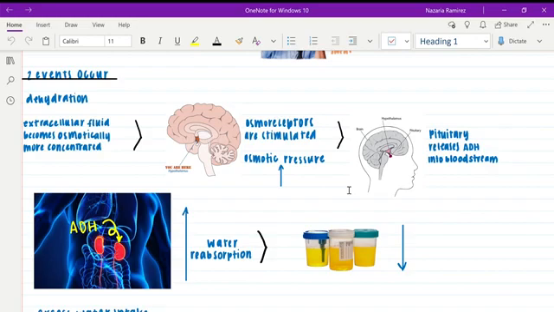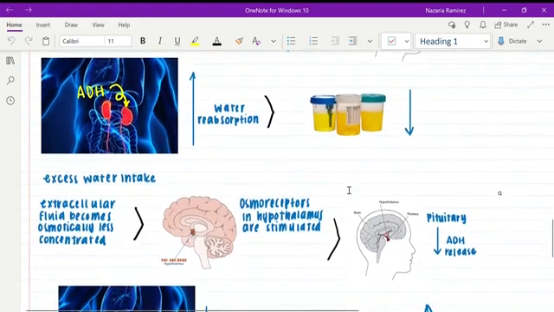ADH is the antidiuretic hormone, and it's released into the bloodstream. From there, the blood carries ADH into the kidneys, and ADH causes the last part of the distal convoluted tubules and the collecting ducts to increase water absorption. And then lastly, urine output is decreased and further water loss is minimized.